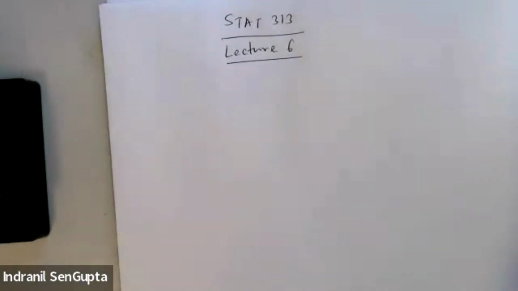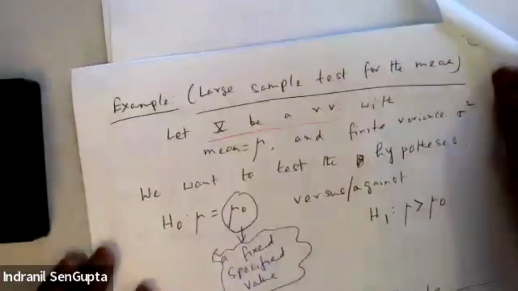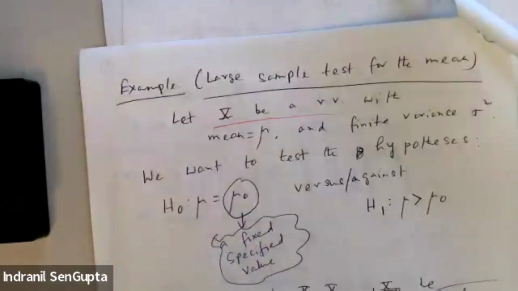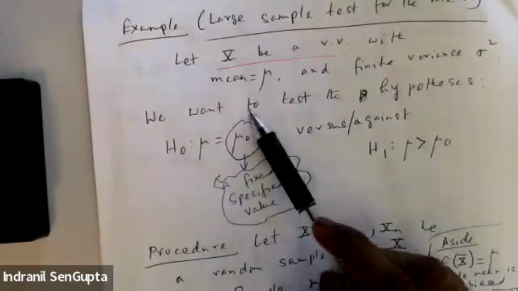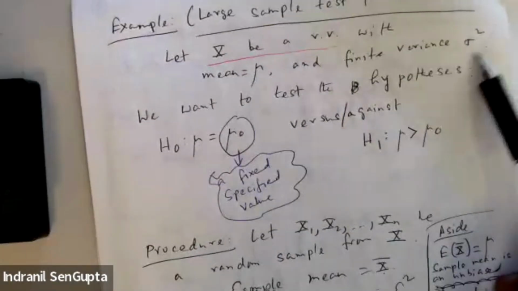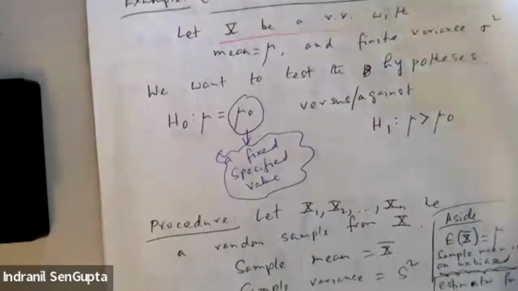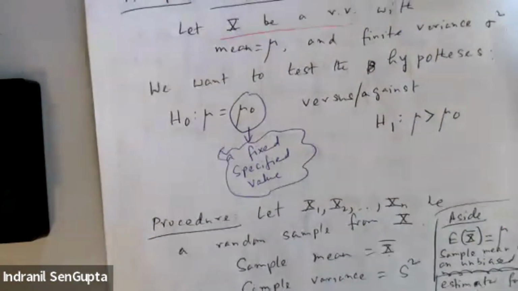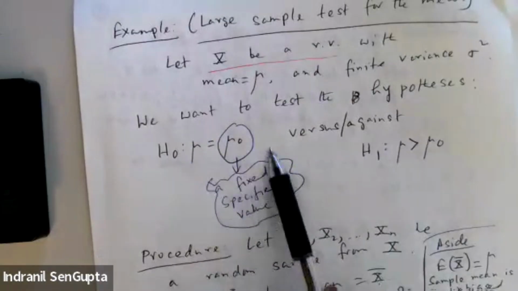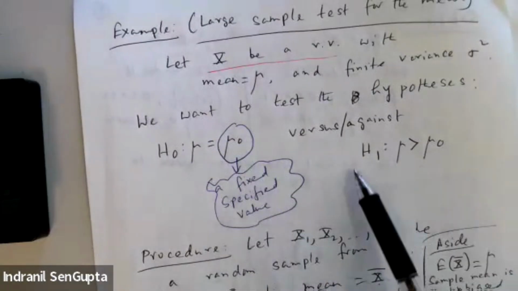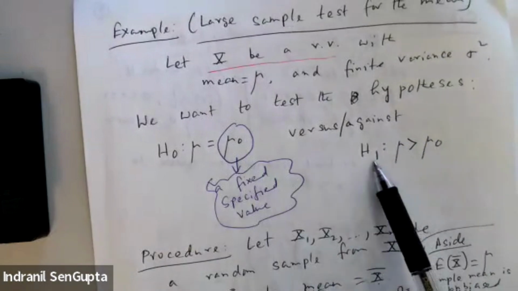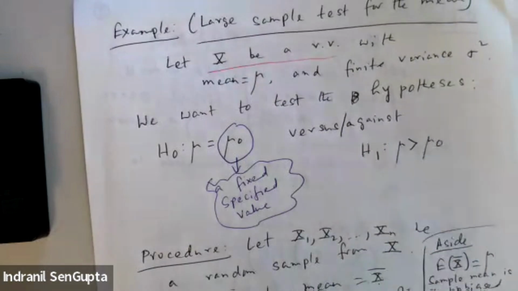So let me show you what we had last time. We ended with this large sample test for the mean. We had X, a random variable with mean mu and some finite variance sigma squared. We are testing the hypothesis H0: mu is mu zero, some fixed value, against the alternative H1: mu is bigger than mu zero.